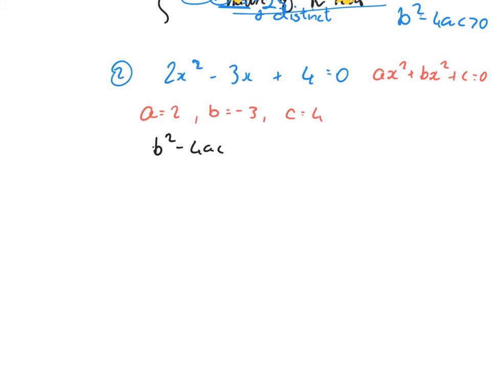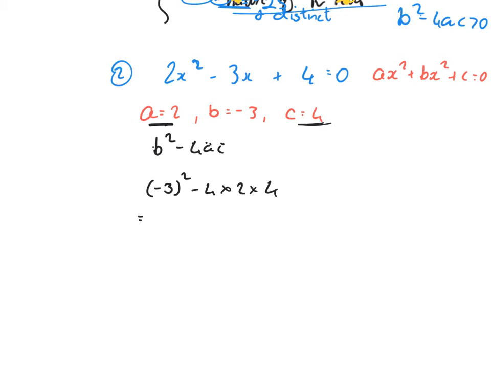b squared, well, b is minus 3, so that's minus 3 squared. Let's wrap that in a bracket. Minus 4 times a times c, so that's minus 4 times a, which is 2, times c, which is 4.